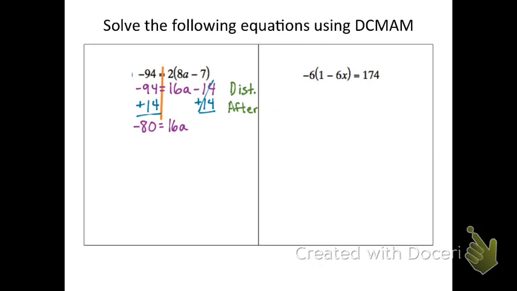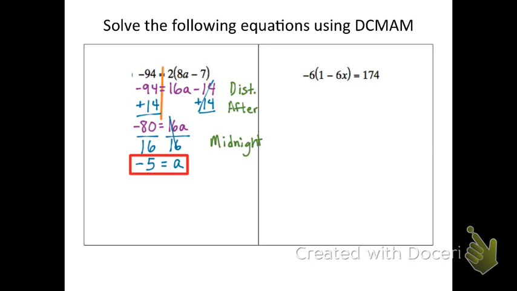My final step is to get a single positive variable, which is a. So I have to divide by the coefficient, which is 16, and then the 16s will cancel out. And you'll get a equals negative 5. Why don't you pause the video right now and try this second example to see if you can do it and get the same answer.